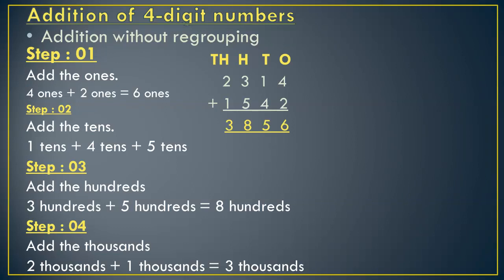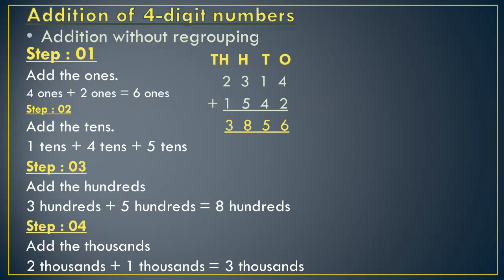Step number 3 is add the hundreds. 3 hundreds plus 5 hundreds is equal to 8 hundreds. And step number 4 is add the thousands. 2 plus 1 is equal to 3.